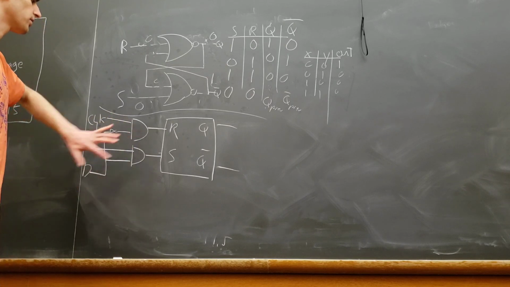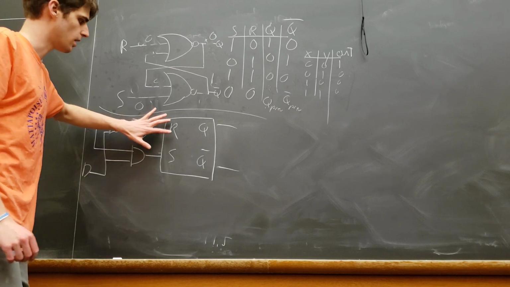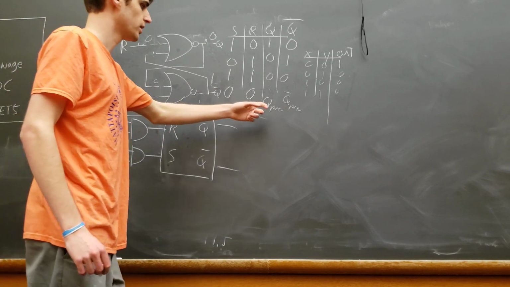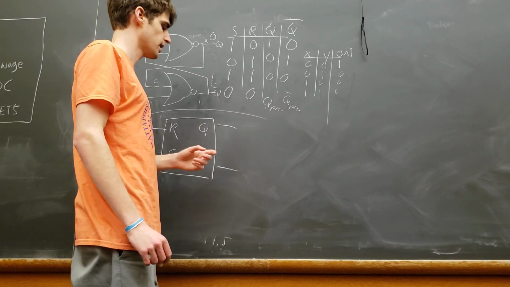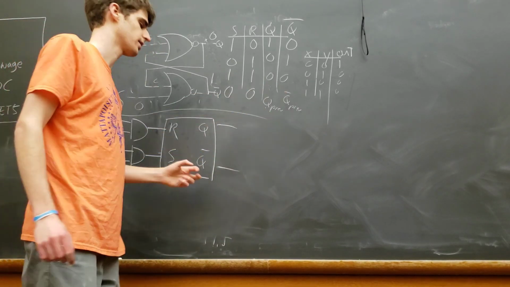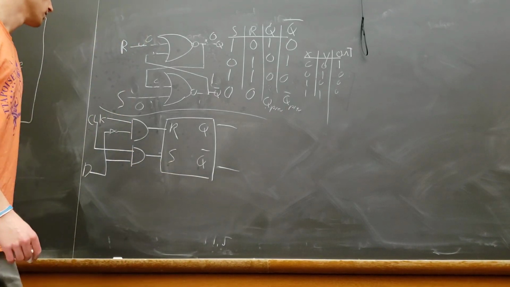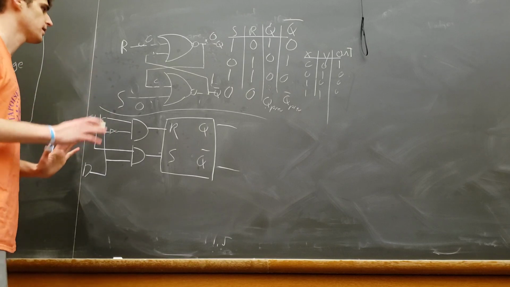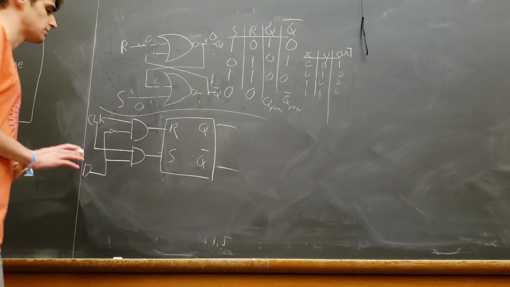The AND gates are always going to output 0, which means that R is going to be 0 and S is going to be 0, which means that Q is going to have the same state as before. Q is going to equal Q previous and Q naught is going to equal Q naught previous. So basically, if you don't want to mess with anything and you want to keep everything the same, your clock should be 0.